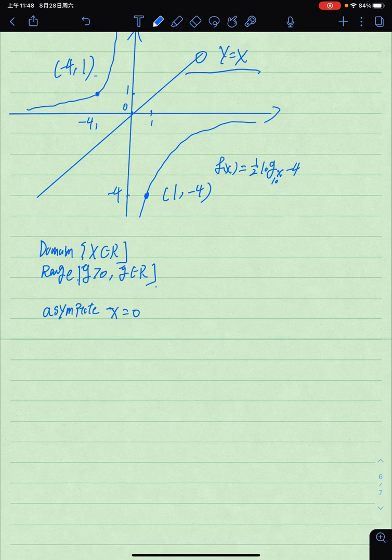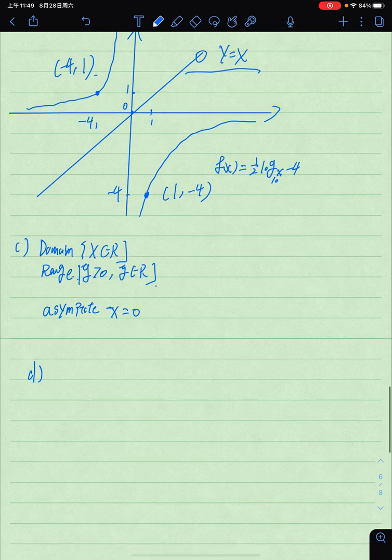And question D is the last one. They need us to determine the equation for the inverse function.